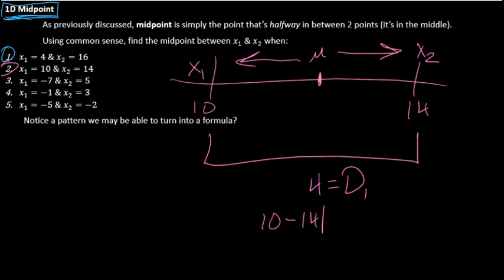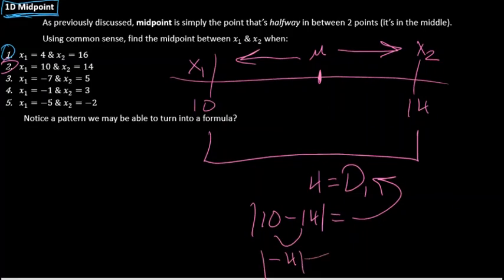10 minus 14's absolute value is going to give me my one-dimensional distance. 10 minus 14 would be negative 4, and the absolute value, we just discussed that, would simply be a distance of 4. So I've got to go 2 this way or 2 this way to be right smack dab in the middle.